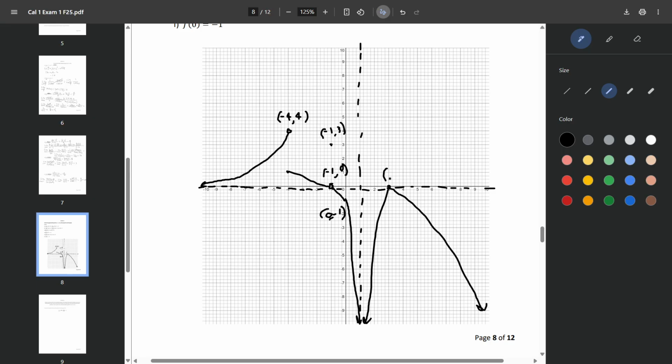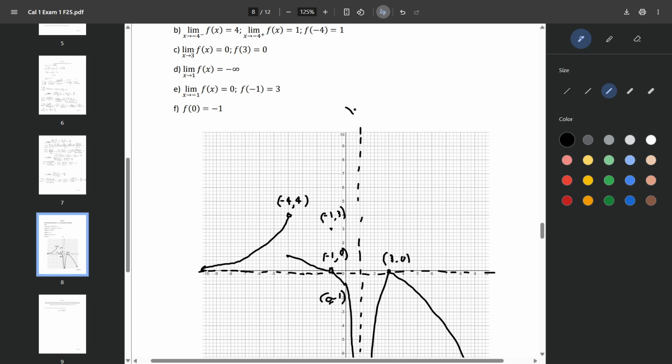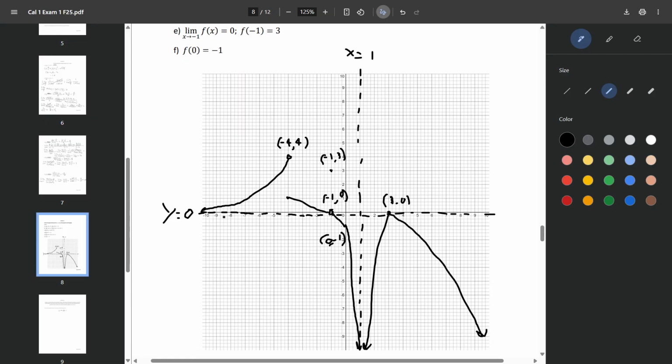This right here is 3, comma 0. And I will also be labeling these asymptotes. So x equals 1, and right here y equals 0.